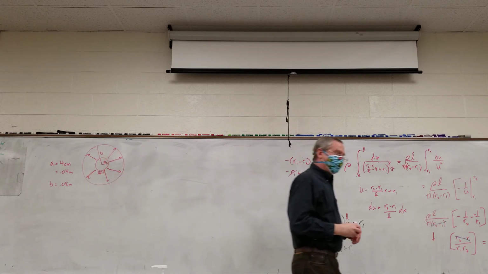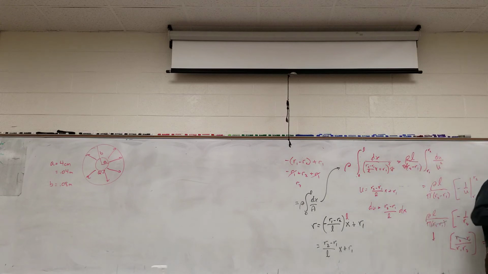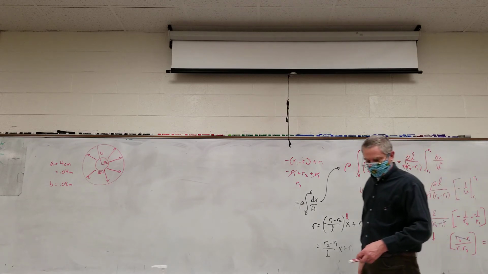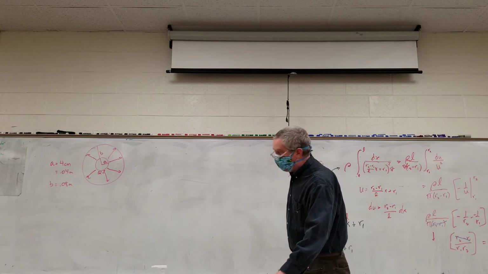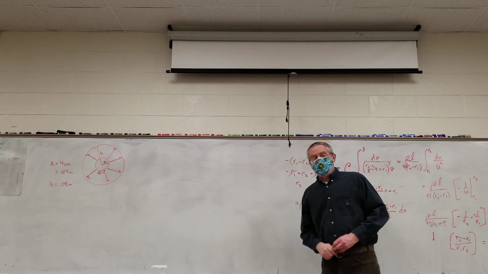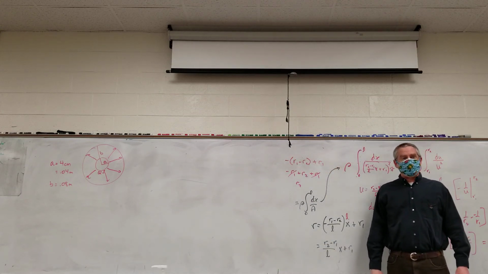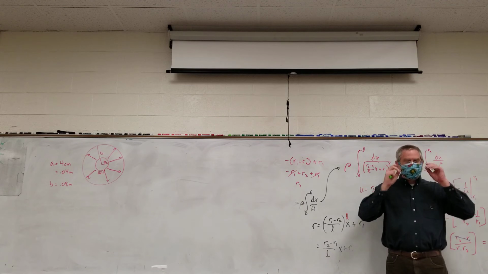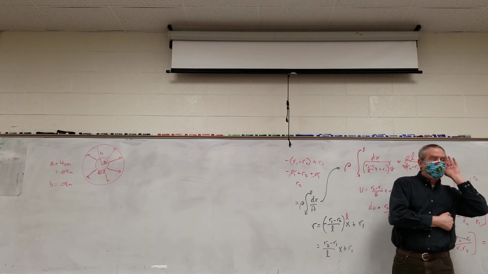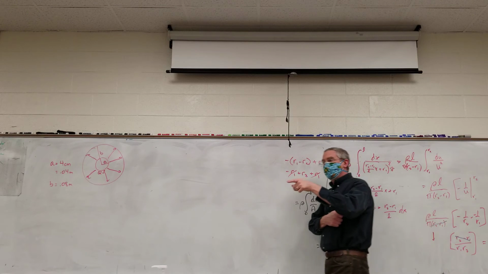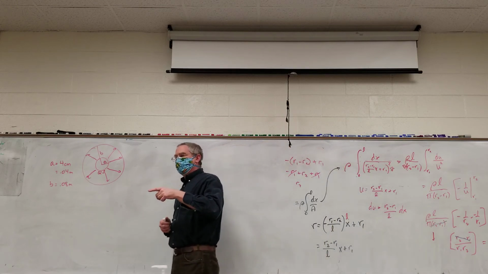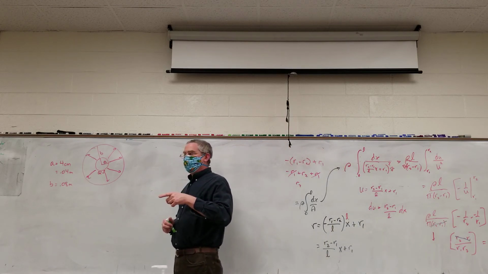Now, right off the bat, since we know the current is flowing from the small shell to the outer shell, between the two shells, which one has a higher potential? Middle shell A. Okay, which has the higher potential?